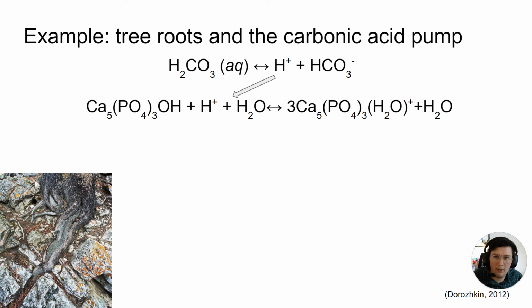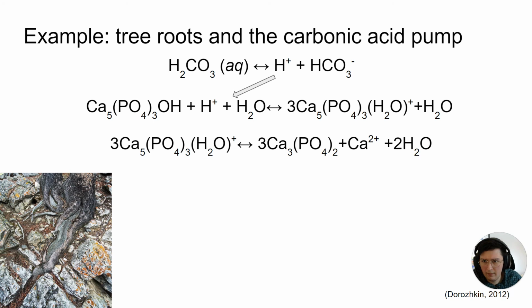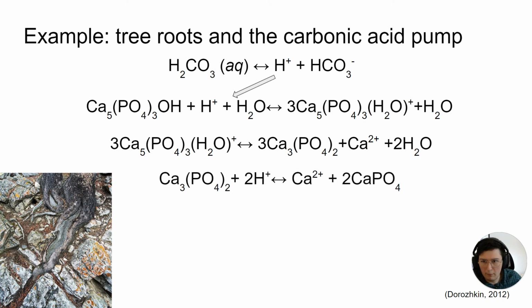And sort of the opposite of what we'd seen with aluminum hydroxide, we can pop off that hydroxide now under acidic conditions, and instead a water is going to take its place electrochemically, and that could then dissolve even further. And in the presence of more hydrogen ions, so when the pH is low enough, that calcium phosphate can now react even further.